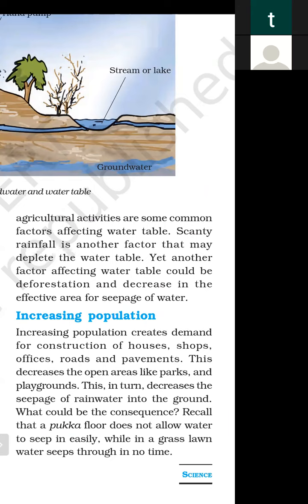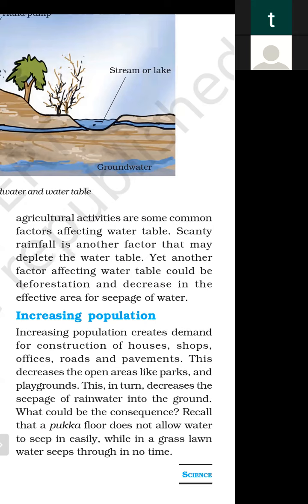What could be the consequences? Recall that a pakka floor does not allow water to seep in easily. A pakka floor means a floor made up of bricks or cement, a cemented floor. If there is a pakka floor, seepage of water is less, and less water is absorbed into the soil.